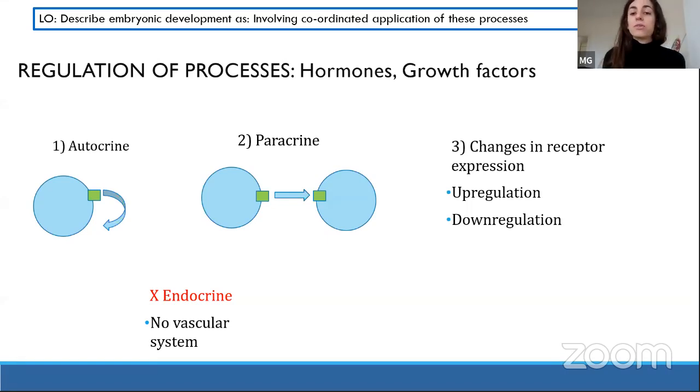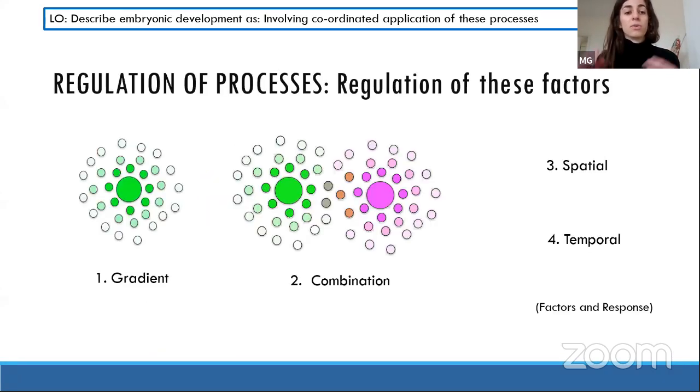So there are also changes in receptor expression. It means that there are different levels of hormones, but also different levels of receptors on the cell. There can be more receptors, which is upregulation, or fewer receptors, which is downregulation. And these hormones work by a gradient and a combination of gradients.